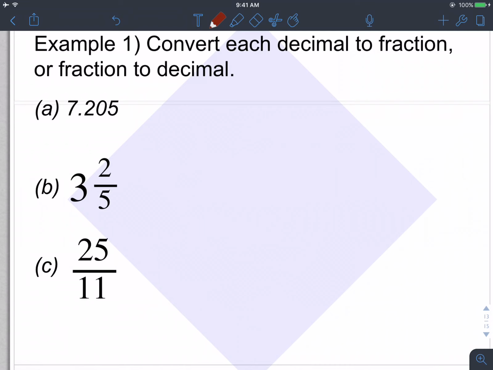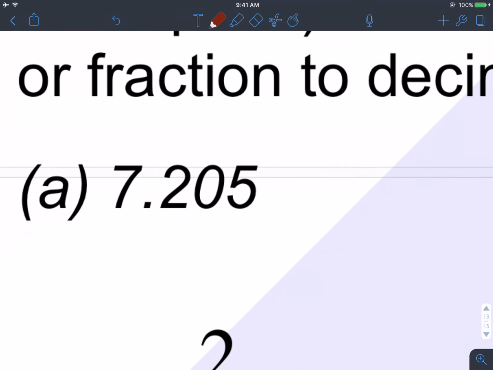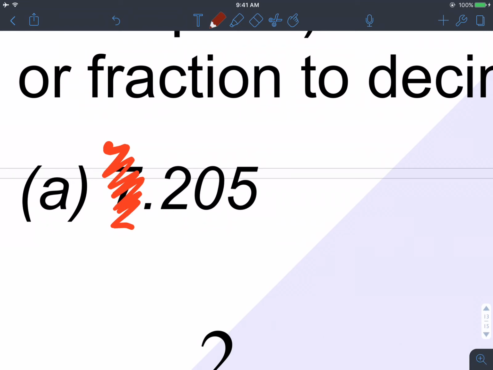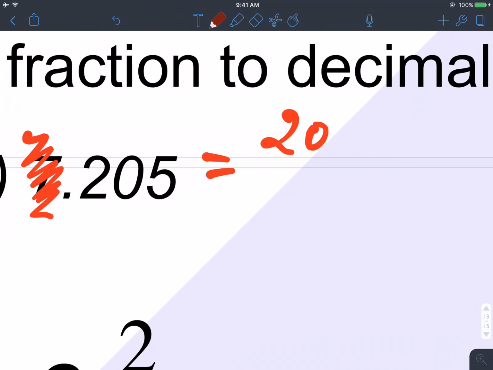Couple more minutes. Now here, I'm glad I put part A in there. Now there's a 7 in front of it. So ignore the whole number just for a moment. What would you do with 0.205? Yeah, over 1,000. So 205 over 1,000.